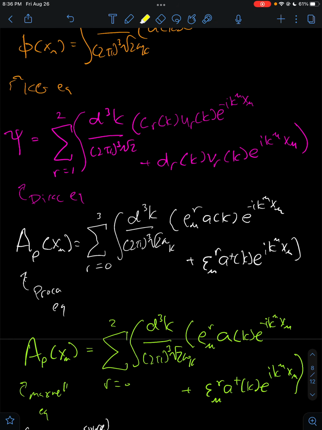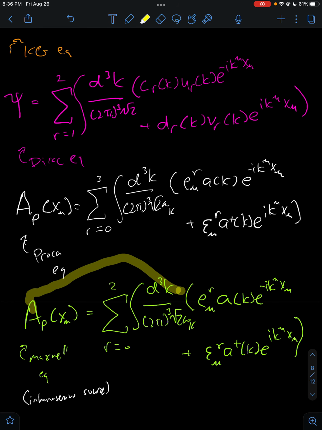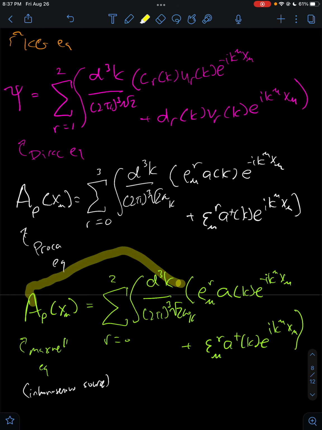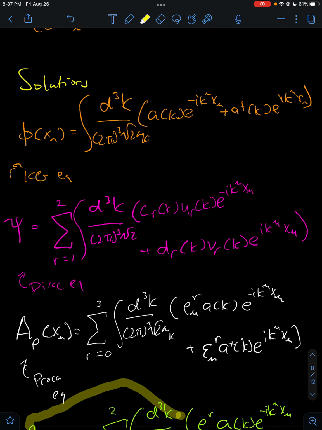For the photon field, we'll often specify the polarization states of the photon, which will simplify this equation a lot. With all those techniques, these fields become a lot less scary. But again, the biggest takeaway here is that these fields are just plane waves. And plane waves are very easy.